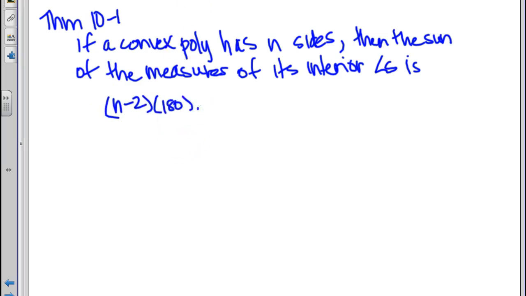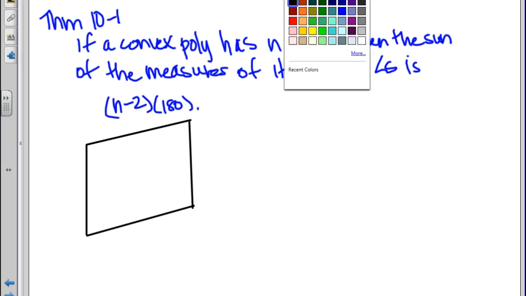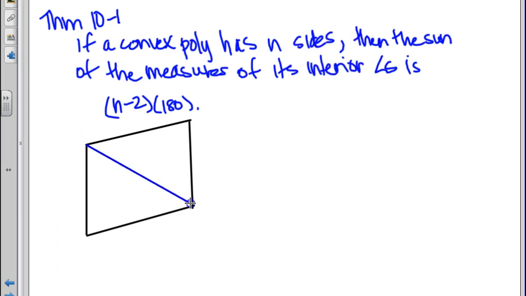Let's talk about why that works that way. First of all, let's start with a quadrilateral. In a quadrilateral, I can draw one diagonal, and it doesn't really matter where you draw it from. I know the angles in this triangle, they're not equal to each other, but they add to be 180 degrees.